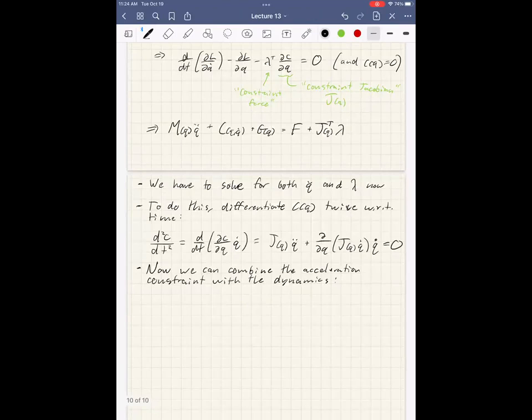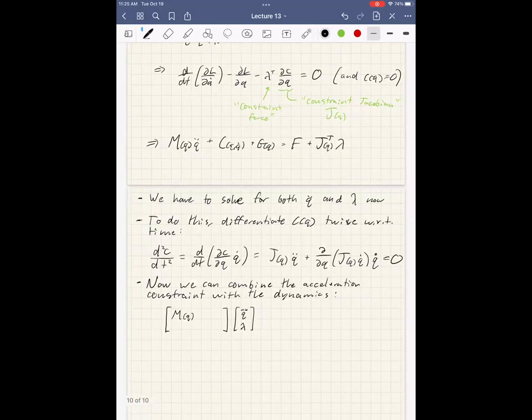So if I do that in the most straightforward way, I'm going to get M of q, and then I'll get a J. So let's write this first. So I've got q double dot, and then lambda. Here I'm moving the J transpose lambda term to the left-hand side.